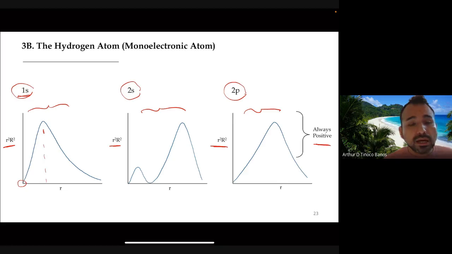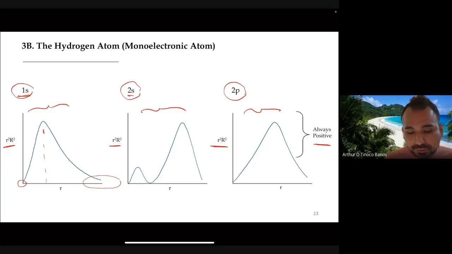Another feature is the exponential decay. As I mentioned, as you go even further out, there can be no probability, because you essentially have no attraction between the electron and the nucleus. So you'll be even outside of the orbital. This is just the details of the probability within the actual orbital that we have depicted graphically here.